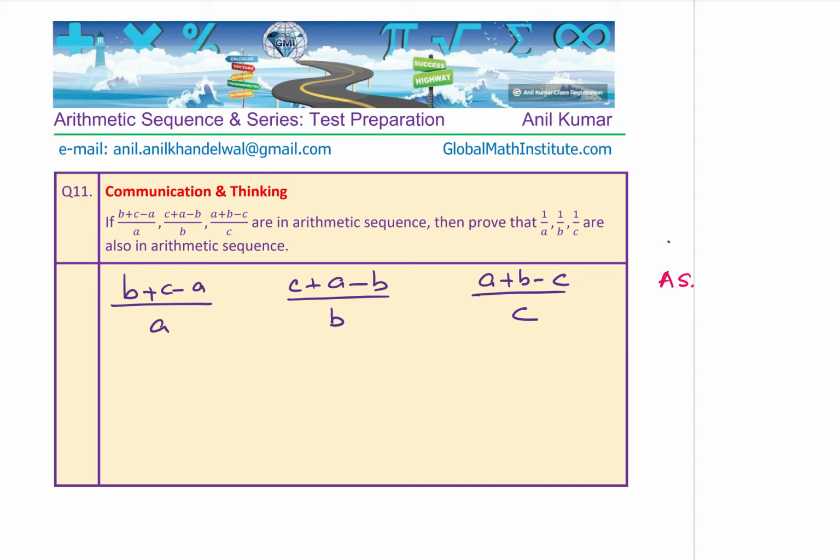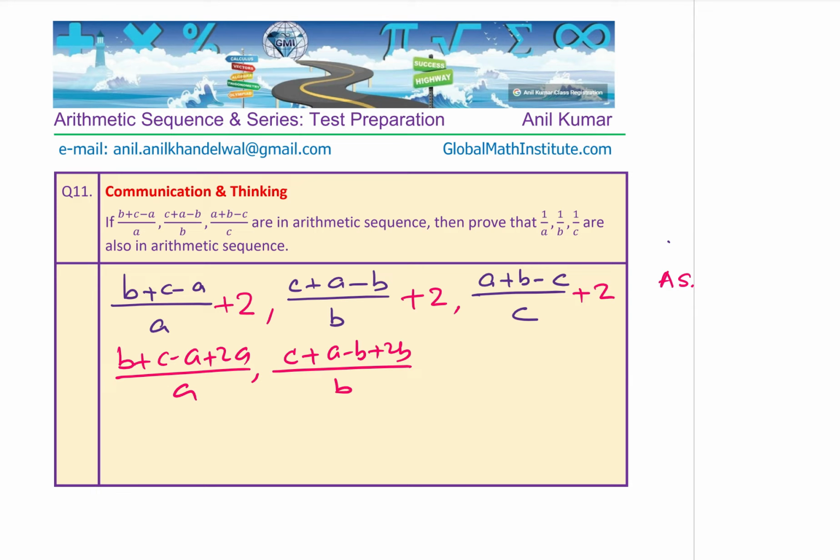Now, if you add the same number to each, they still remain in arithmetic sequence. So let's add 2 to each. What do we get? If I add 2, we get 2a, right? We get b plus c minus a plus 2a over a. And this becomes c plus a minus b plus 2b over b, a plus b minus c plus 2c over c, correct? And that gives you a plus b plus c over a, right?